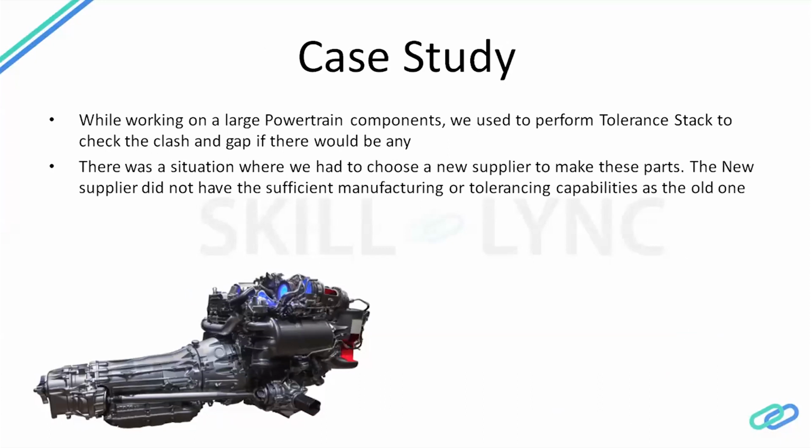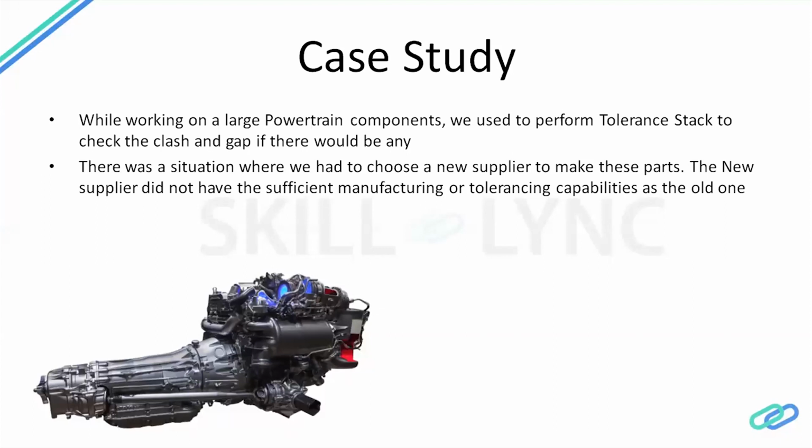If you go for an automatic transmission or even the normal manual transmissions, in an automatic transmission you'll have many revolving parts, and the revolving parts move, and there's a chance that it might create a clash or create more connections over there. So for each of these parts involved, you'll have these tolerances, the surface tolerances, the position tolerances, and everything.